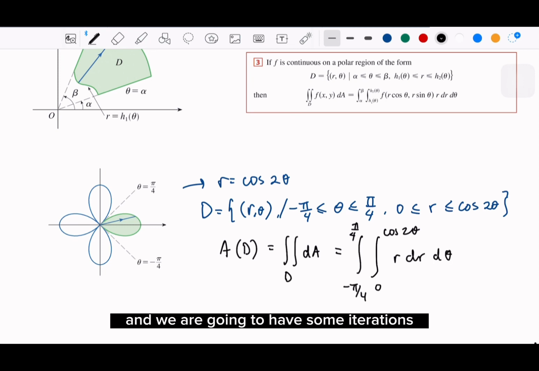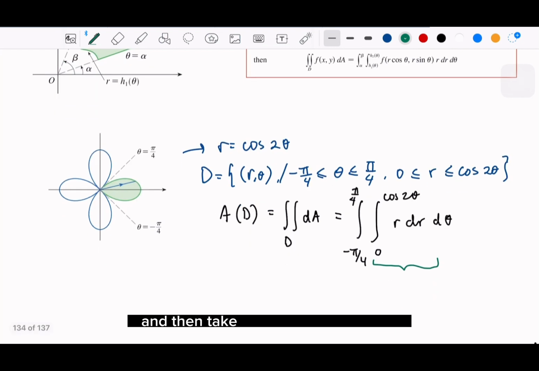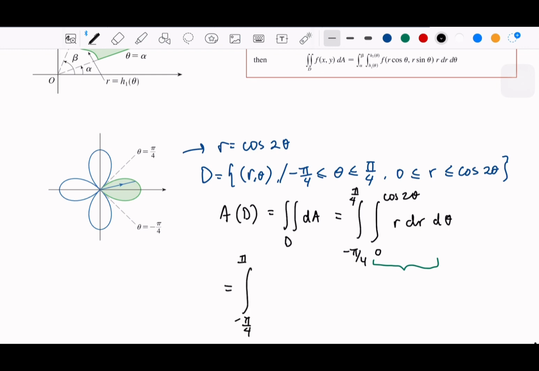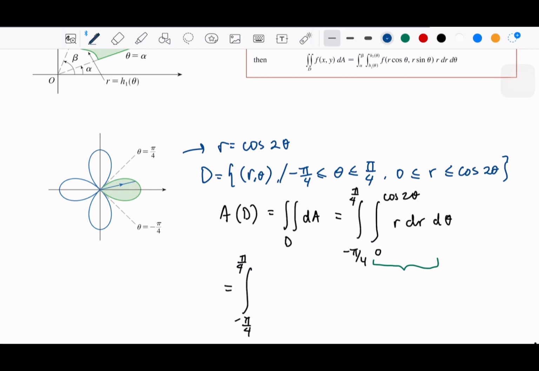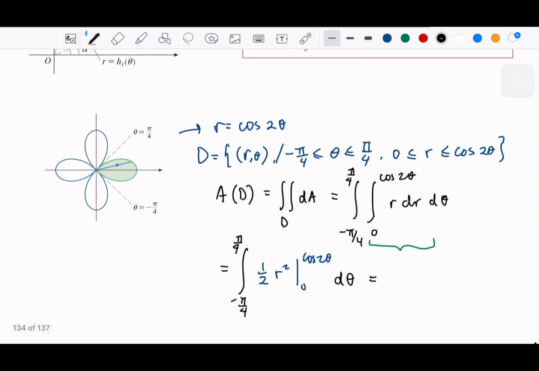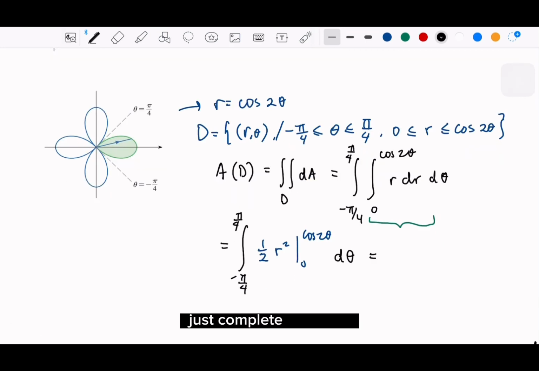And we are going to have some iterations. So we take the inside integral first and then take the outside afterwards. So let me write, this is the integral, and then let's process the inside. Let's just complete this work.